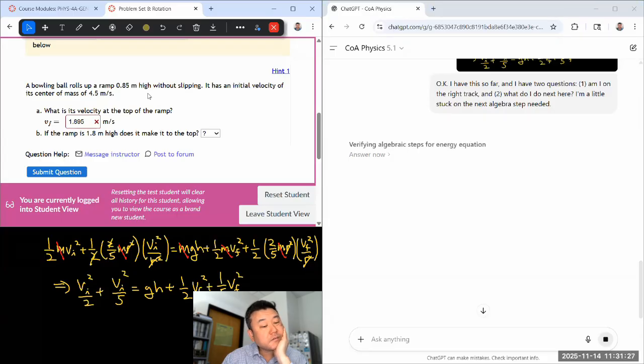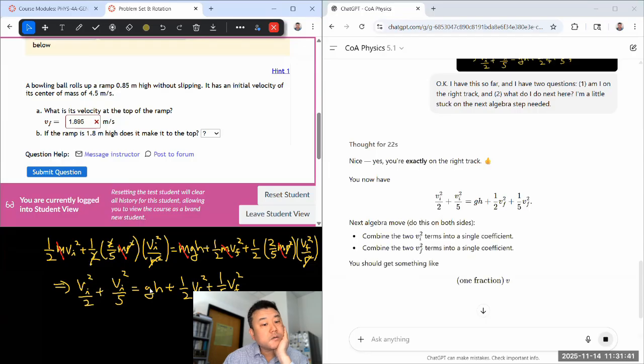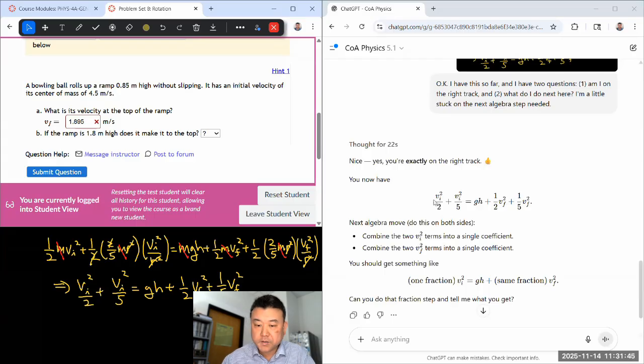Maybe not. I guess the gh term that's subtracting, yeah, that's gonna have a smaller factor, I think. Yeah, so I think it'll have a higher speed.